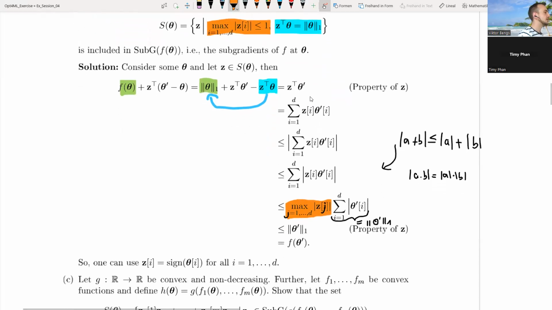What is a vector which is fulfilling this? It's simply the vector where in each component we take the sign function of theta i.